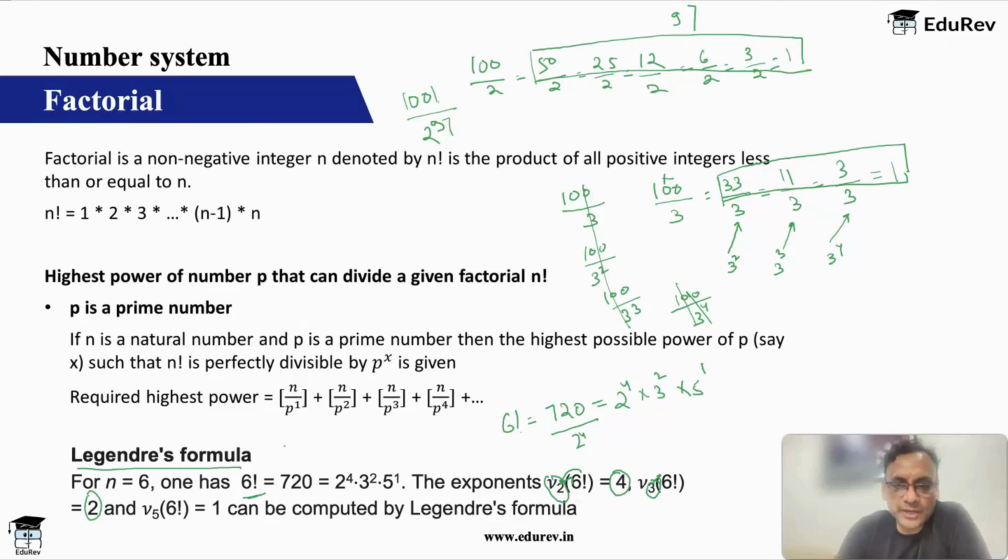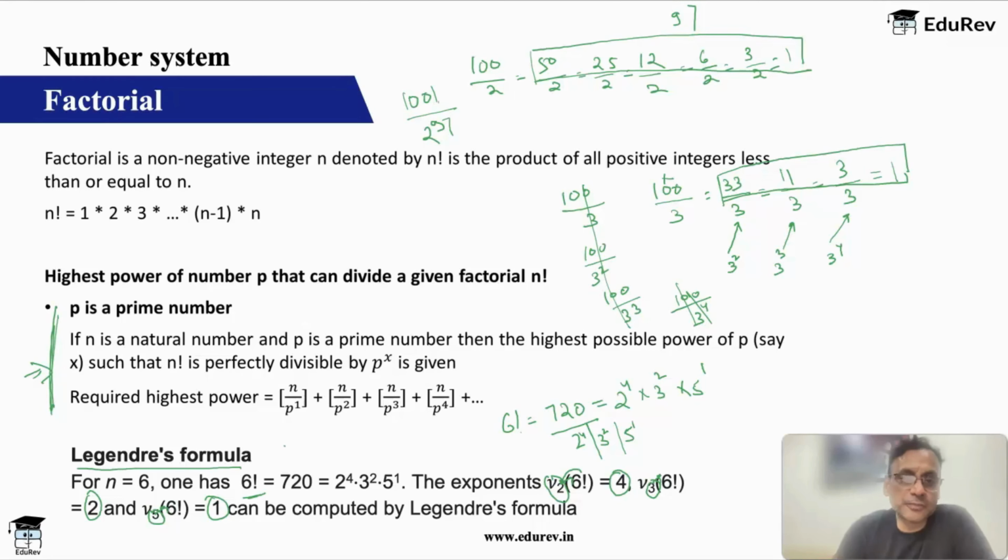That means it can also be divided by 3 square. And 5 in 6 factorial is present 1 time. That means it can also be divided by 5 to the power 1. Okay, so this uses a factorization method rather than the division method, but I will prefer this anytime. This is an easier and simpler method, and this is what we will stick to.